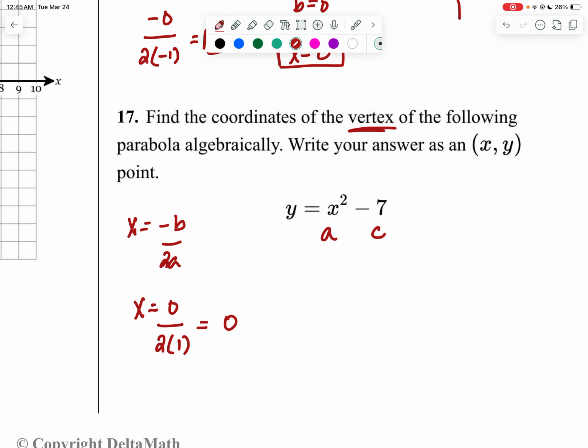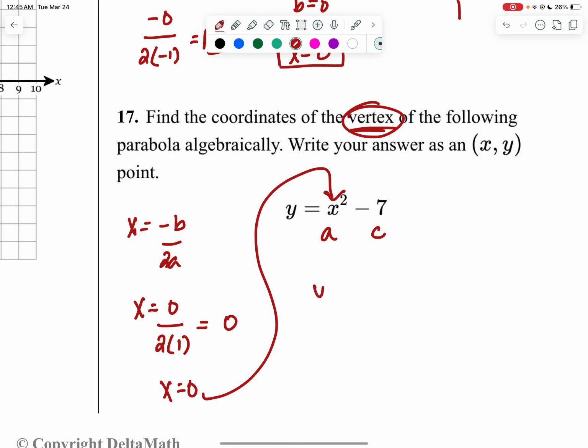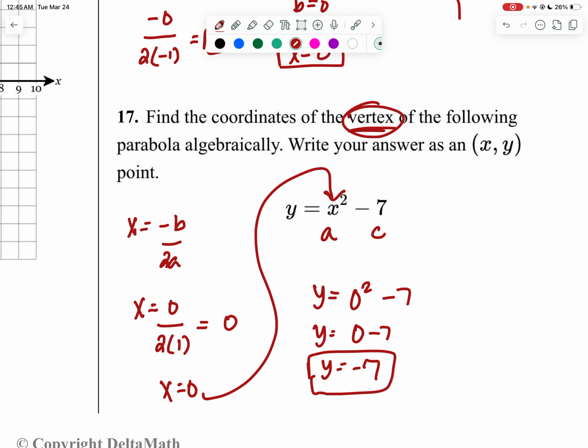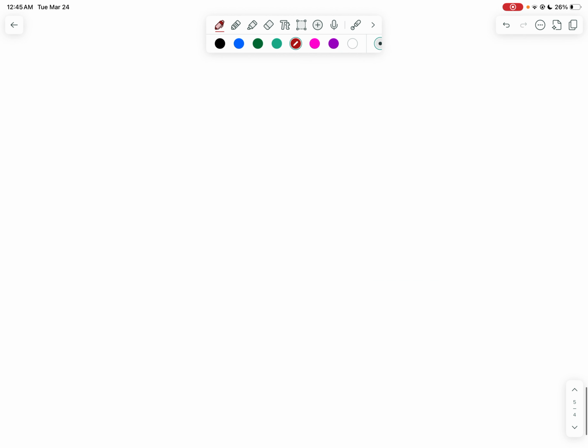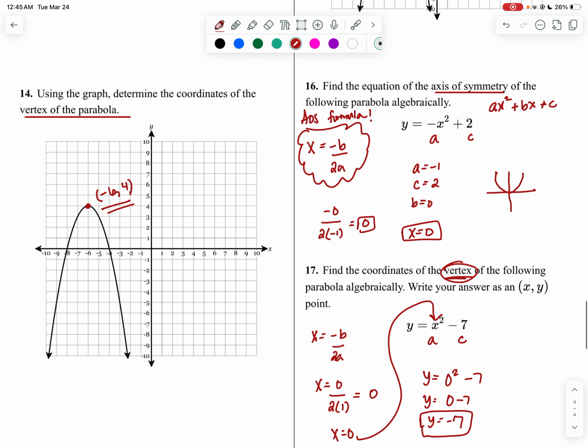Now, I'm not done because it's asking us about the vertex. So to find the vertex, I'm going to plug in 0 for x and then get my y value. Well, that's just 0 squared, 0 squared is 0, minus 7 is negative 7. Okay, that's definitely it in terms of the features of function video.